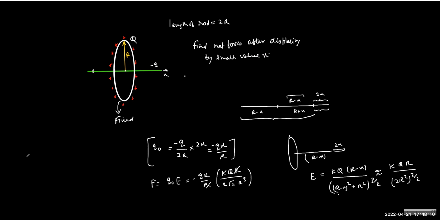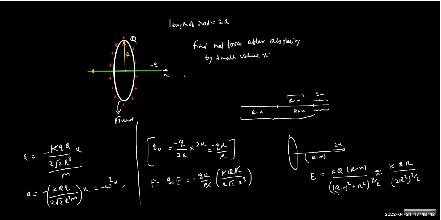So acceleration will be minus kqq by 2 root 2 r cube into x by m, the mass of the rod. So which we can write as minus q. And the rest is the same typical comparison. So omega square turns out to be k.